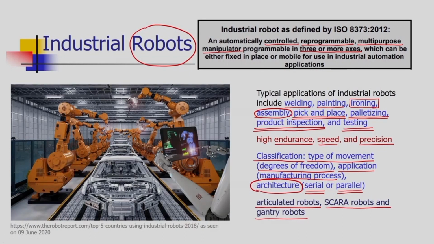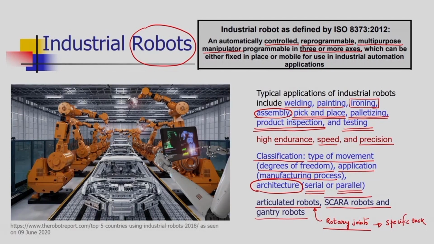So, what is the meaning of the articulated robot? These robots have rotary joints, and they can do a specific task which is programmed by the programmer.